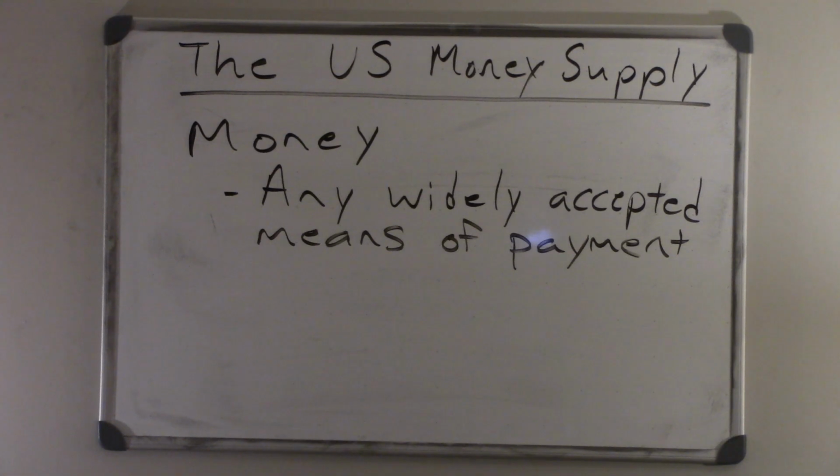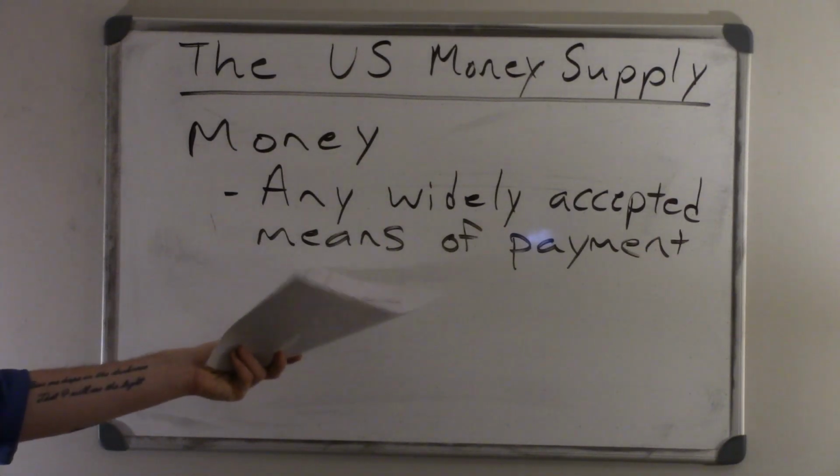Some other textbooks might go more into the characteristics of money. We're not going to do that, but there are some things money should do. It should be what they call a medium of exchange.